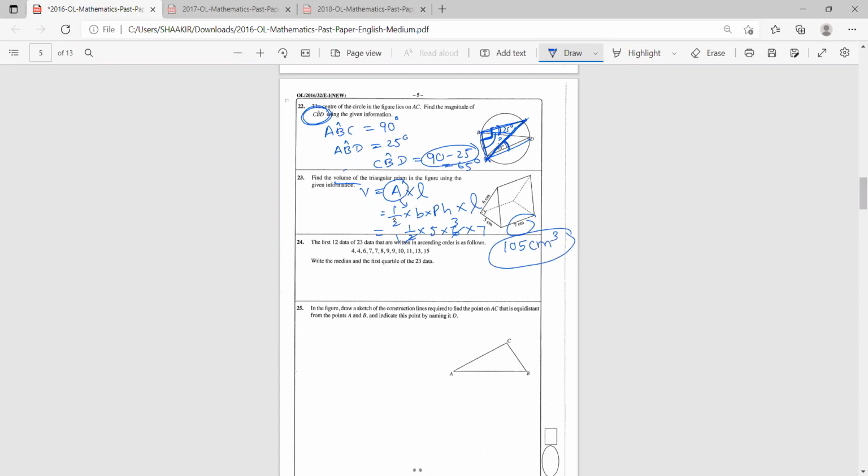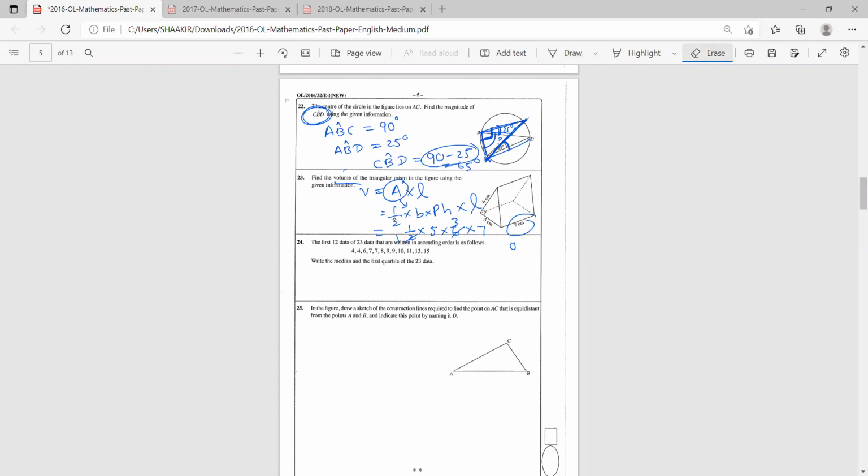Usually for the volume, we give the unit in cubic, because you are multiplying; area is centimeter squared, for volume it is centimeter cube. If it is meter, then meter cube. So this is how you have to find the volume of the prism. Remember, the cross section of the prism is the triangle, so if you find the triangle's area, you can get the volume. Okay, then let's go to the next one.